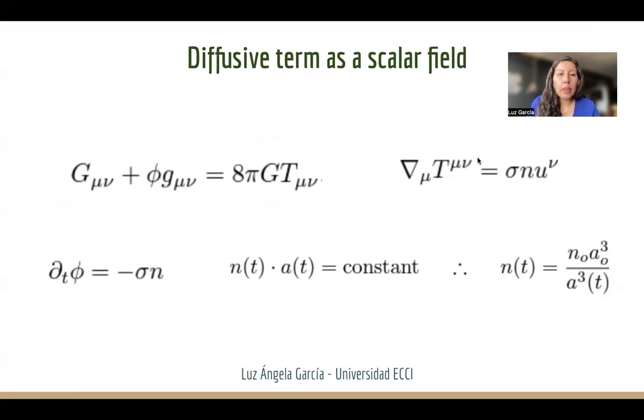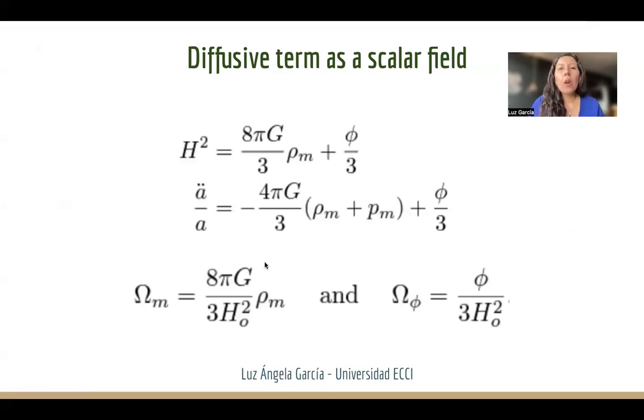This term is going to affect the equations that we know and the number density of particles, in this case the galaxies that are composed of matter. I'm not going to make any distinction between dark matter and baryonic matter; they are included in this N0. And of course, this energy density is also described by the scale factor.